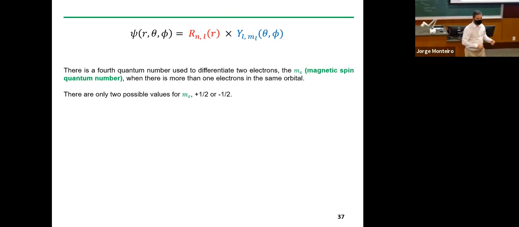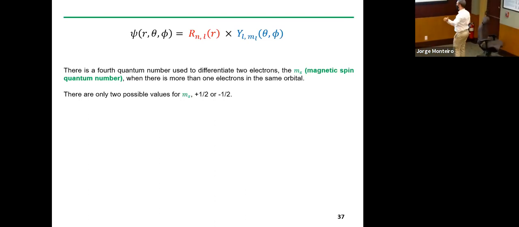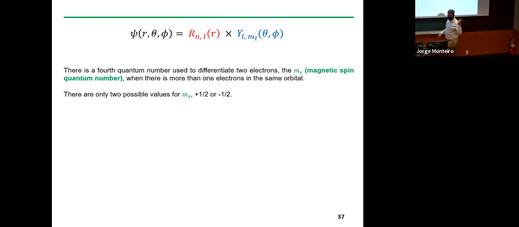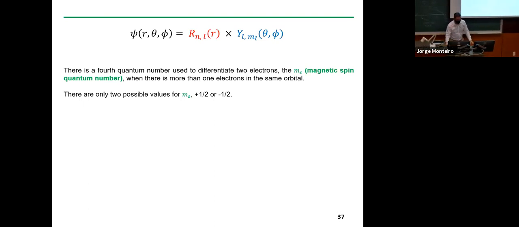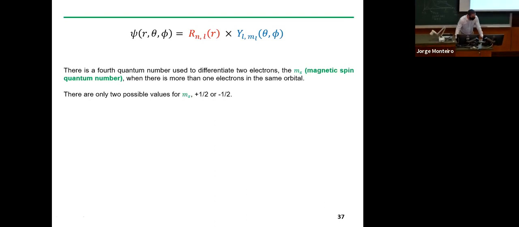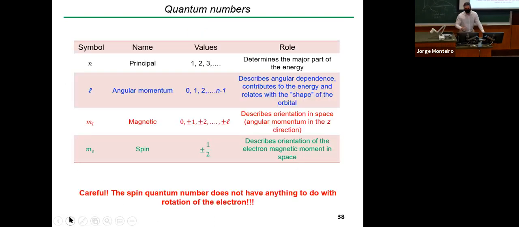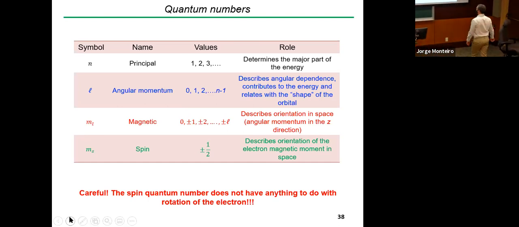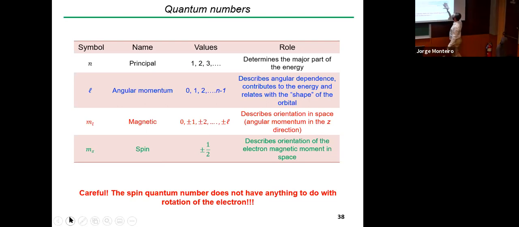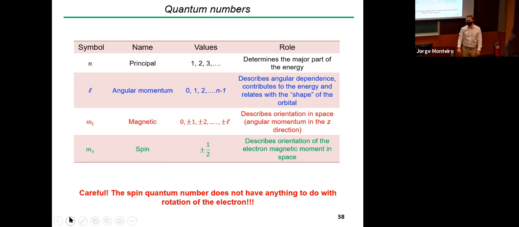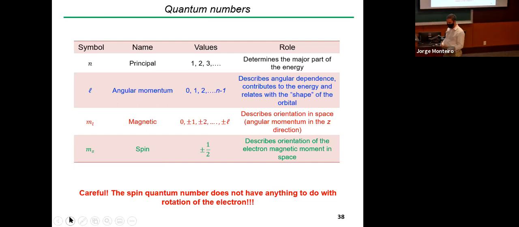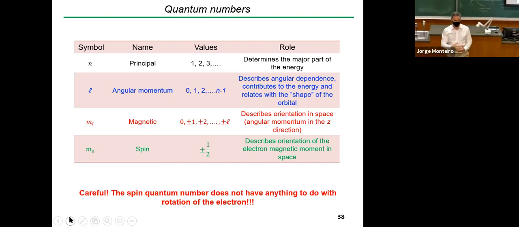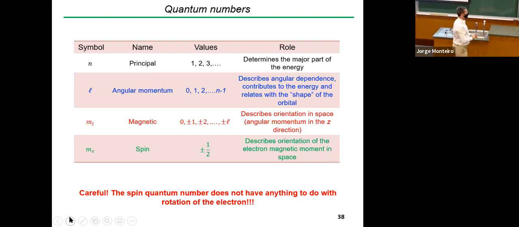With that, we covered the four quantum numbers, n, l, ml, and ms. Each quantum number gives some information about either the energy, the shape of the orbital, or the distance between electron and nucleus.